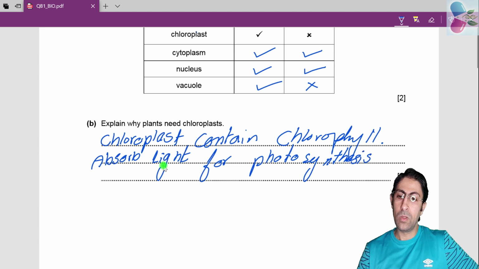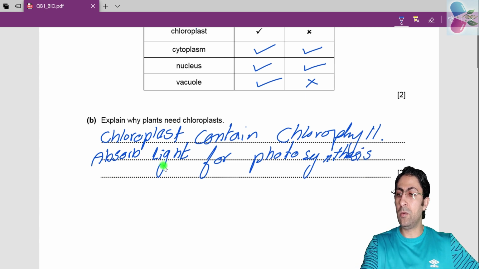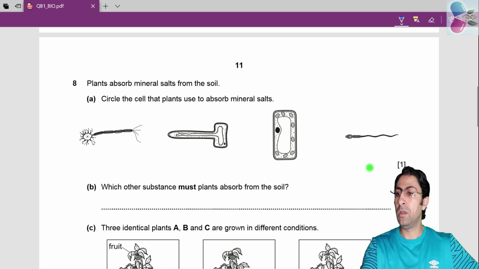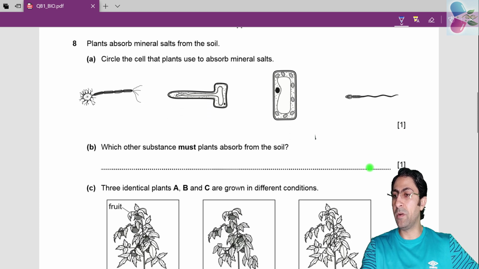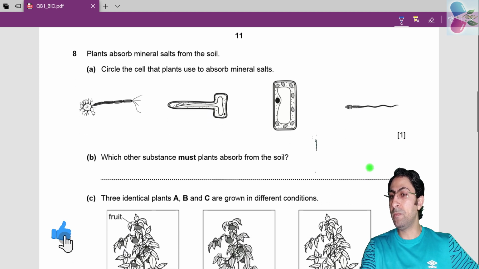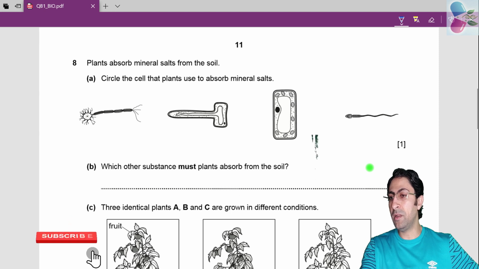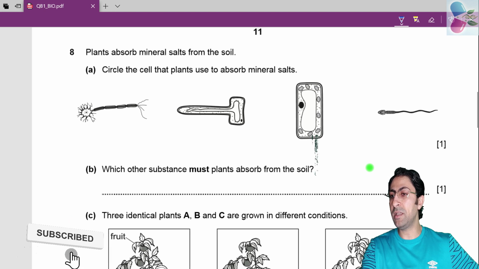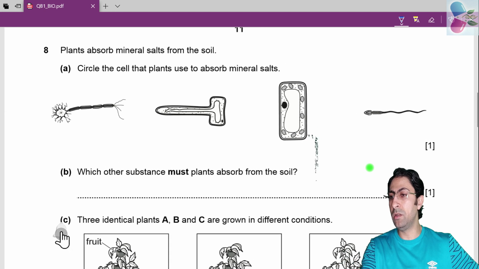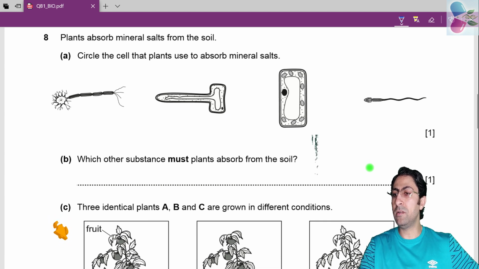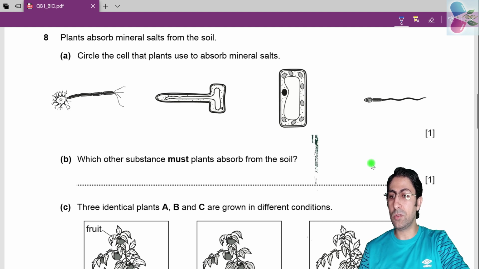Okay. If we go for the second question, question number 8 in the paper, page number 11, it says that plants absorb mineral salt from the soil. A. Circle the cell that the plant uses to absorb the mineral salt.